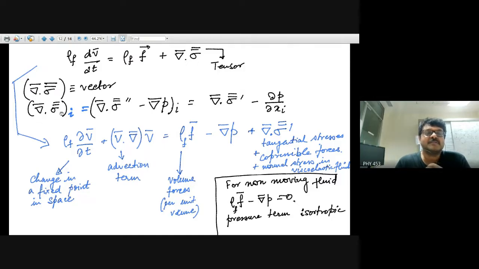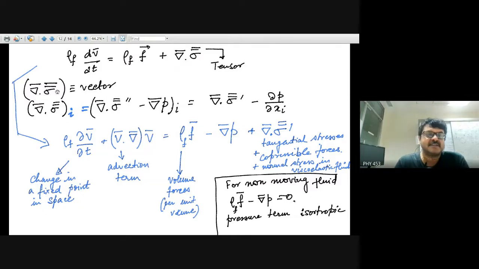So divergence of sigma in the ith component, basically you have del x acting on the first element of the first row of the tensor, then you have del y acting on the second element of the first row, and del z acting on the third element of the first row. And of course, if you don't have a second or third element, then that's a different case.